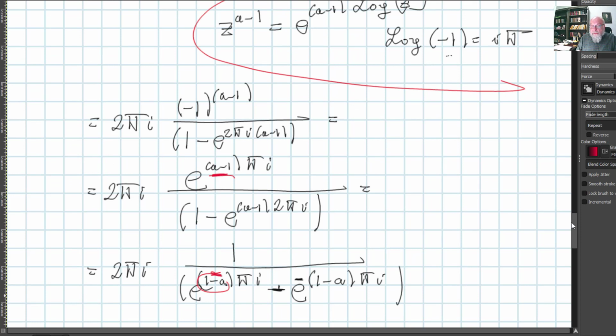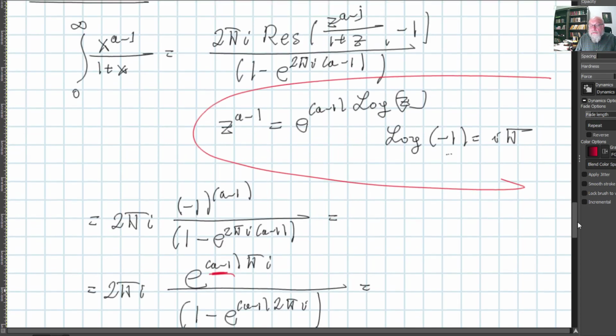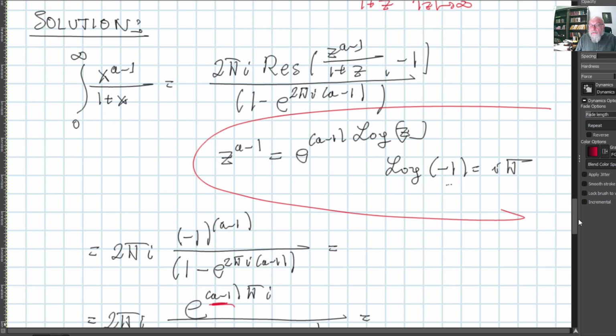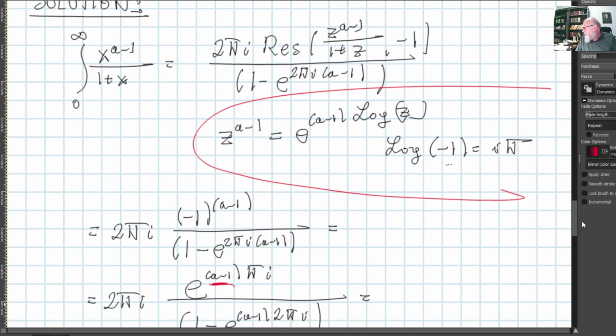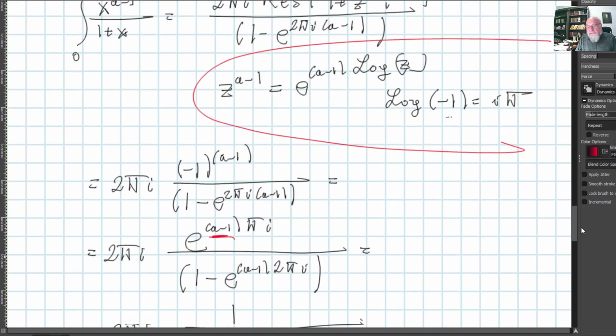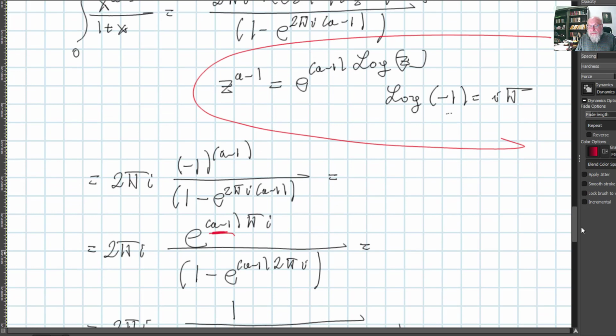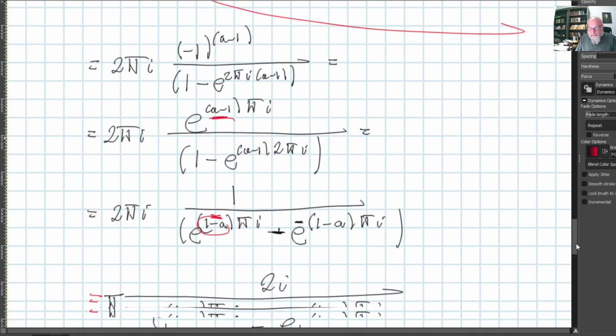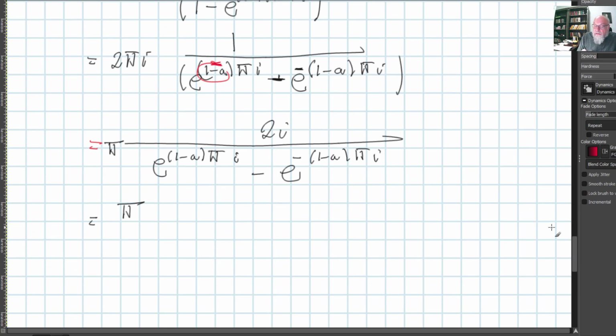No, correct. Everything is correct. No mistakes. So this one is equal to pi, and we are getting sine. And what do I get here? 1 minus a pi.